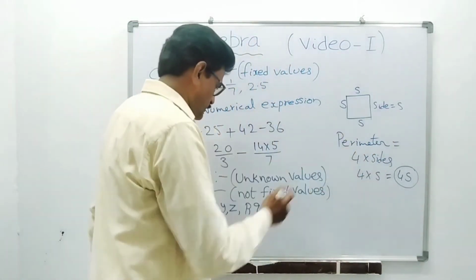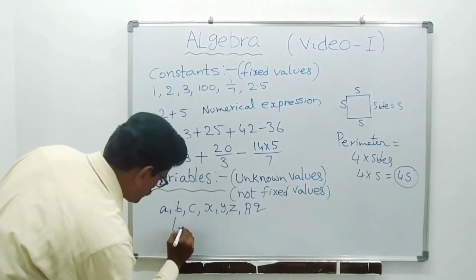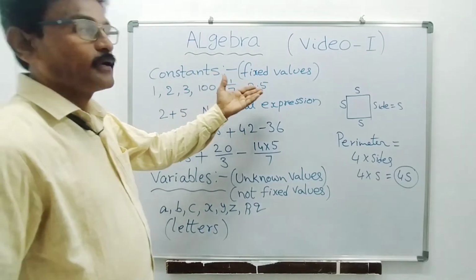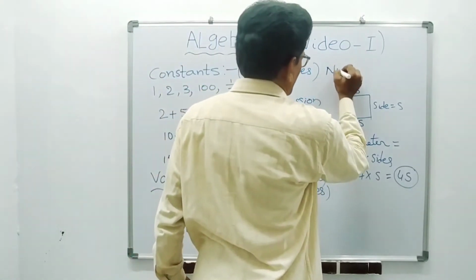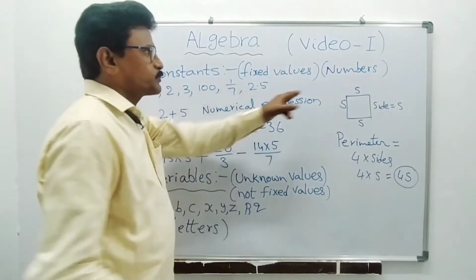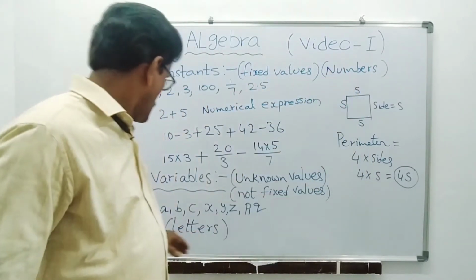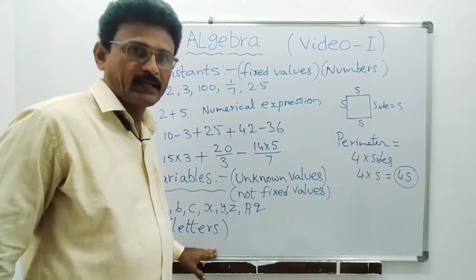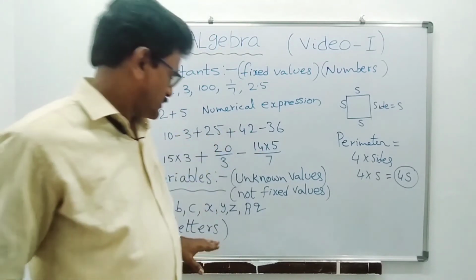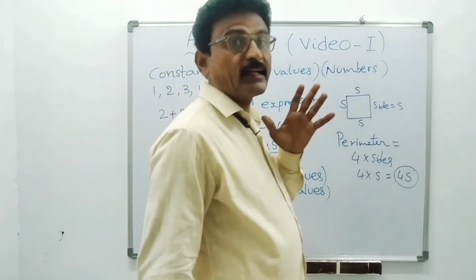We are using letters here, and here we are using numbers. Remember this point. Constants means we are using numbers and variables means we are using letters. That's why these are said to be numerical terms and these are said to be literal terms.